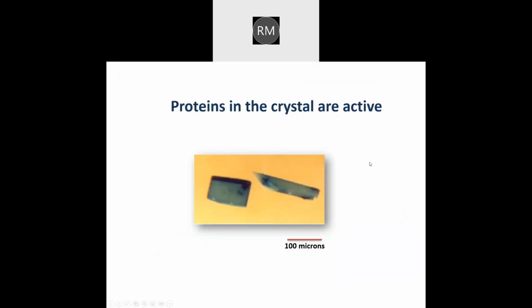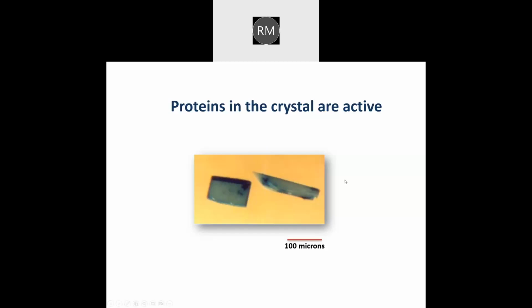You might be asking the question: once protein forms a crystal, are they active? Yes. Proteins are joined together to form the crystal, but they have not lost activity. That is shown by this picture.